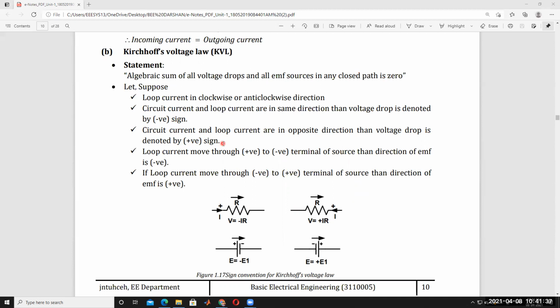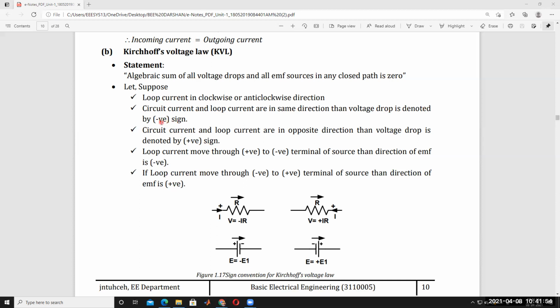It's not fixed. It's changing. So we are assuming like this. If you want to assume it the other way, that is also possible. If the circuit current and loop current are in the same direction, the voltage drop is denoted as you assume.